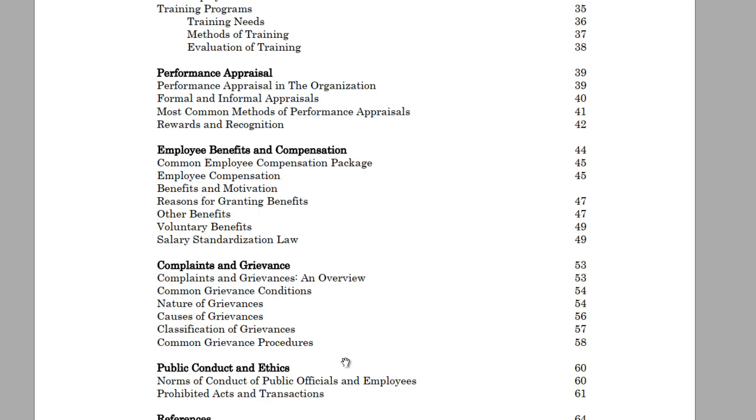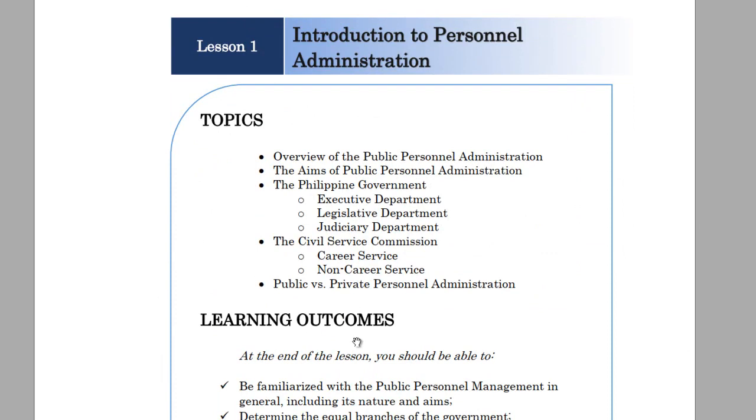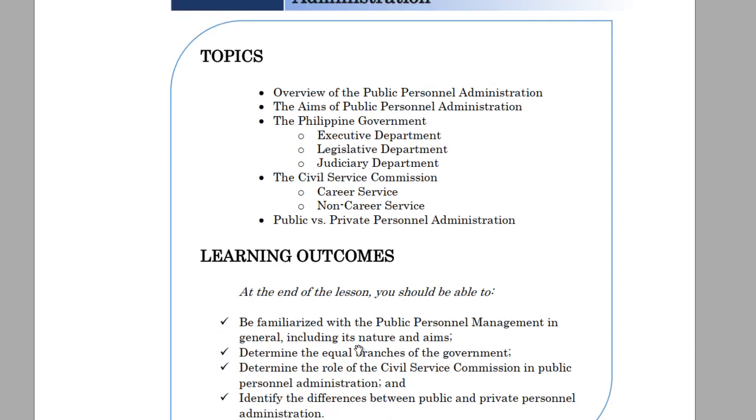I just chose these particular lessons because I think these topics are very important in making public administration students aware of the general setup of public personnel in the government service. First, we will have an overview of public personnel administration.